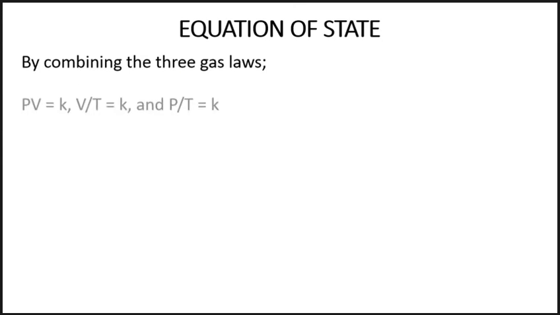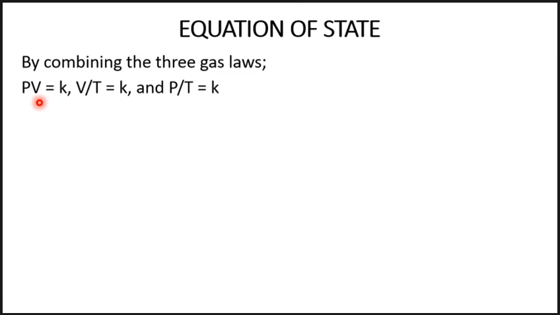Now the equation of state is actually obtained by combining the three gas laws. When we combine the three gas laws, I mean Boyle's law, Charles' law, and Gay-Lussac's law, what we are going to get at the end of the day is the equation of state, which is what I have here.